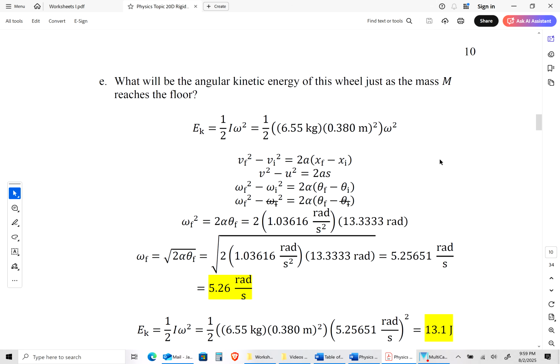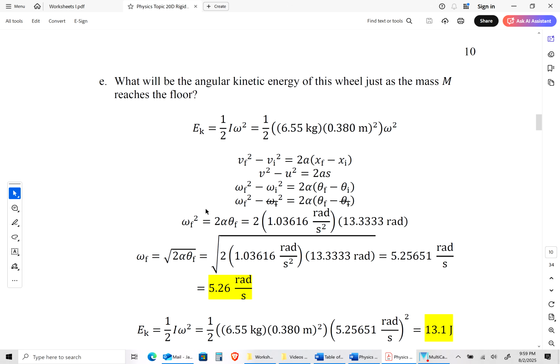Part E, what would be the angular kinetic energy of this wheel just as the mass m reaches the floor? So kinetic energy is 1/2 I omega squared. We have this Suvat equation, which becomes this when it comes to angular motion. Omega initial is 0, theta initial is 0.